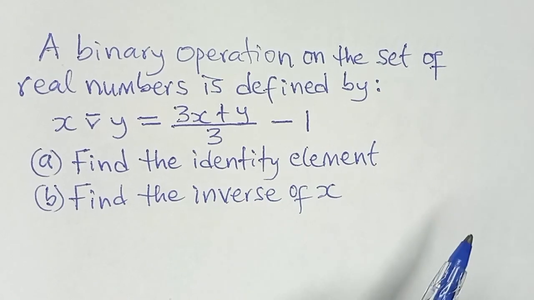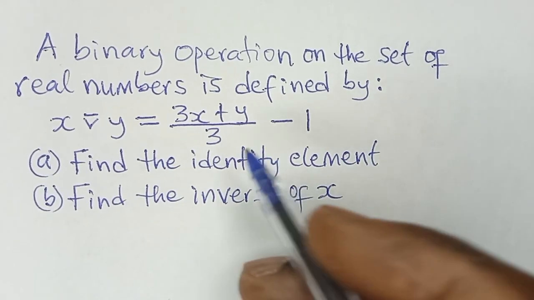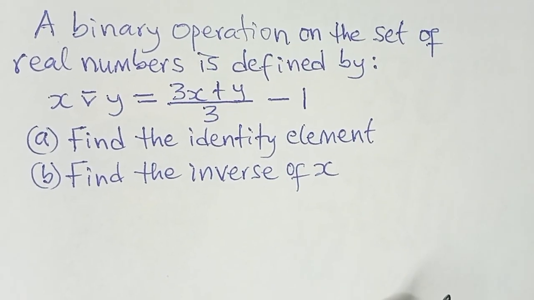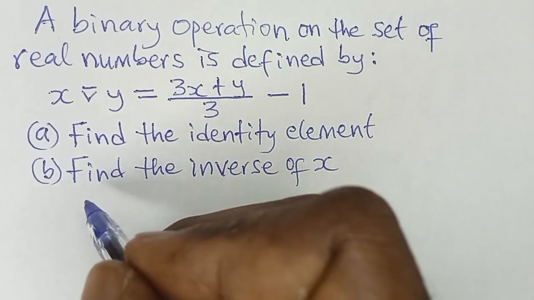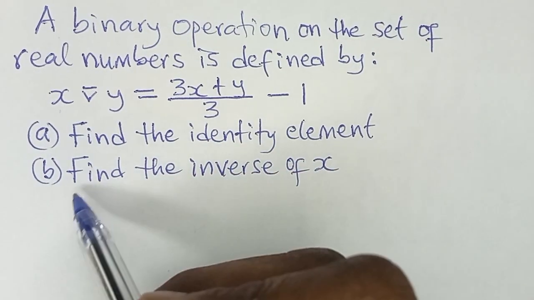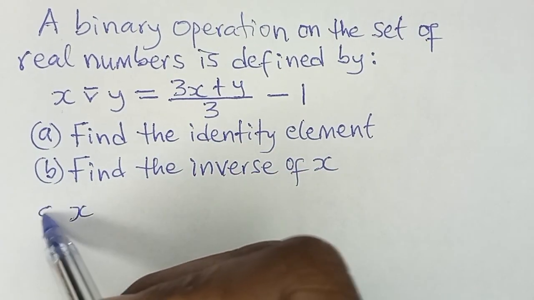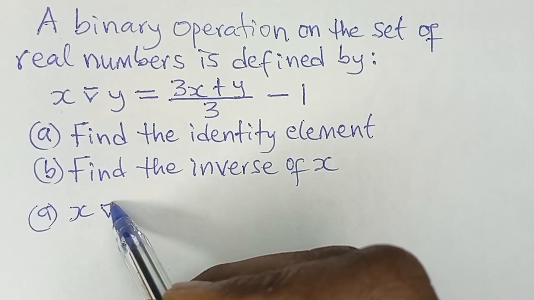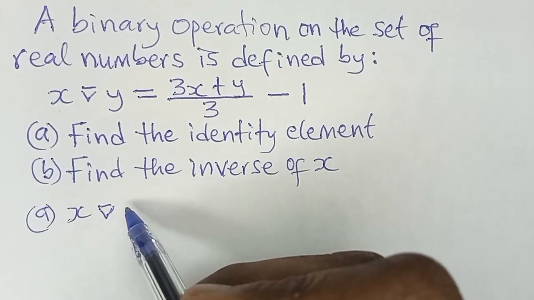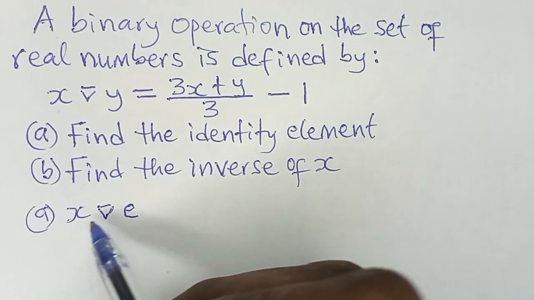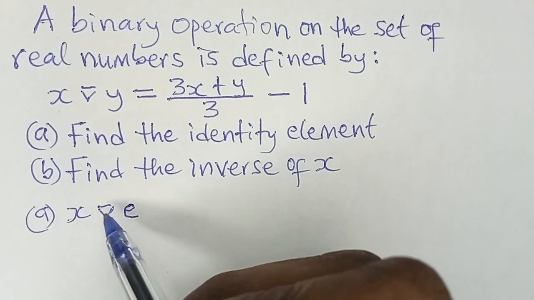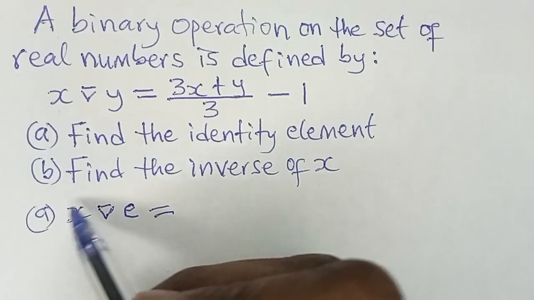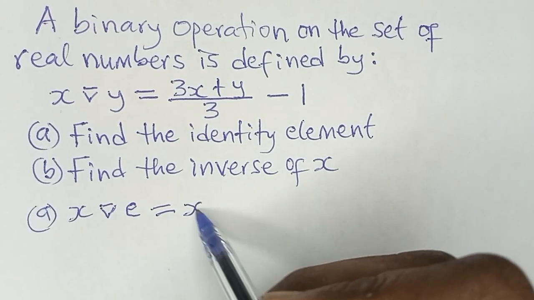Now for us to find the identity element, let's take the identity element as E. So I'm solving question A now. x on the binary operation with the identity element E is equal to the same value of x.